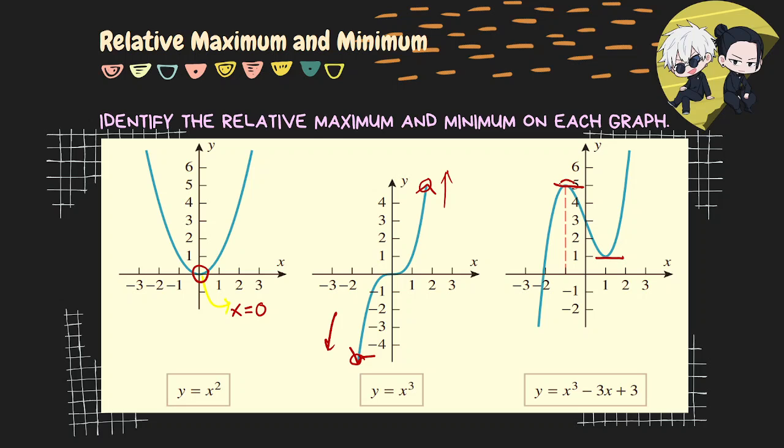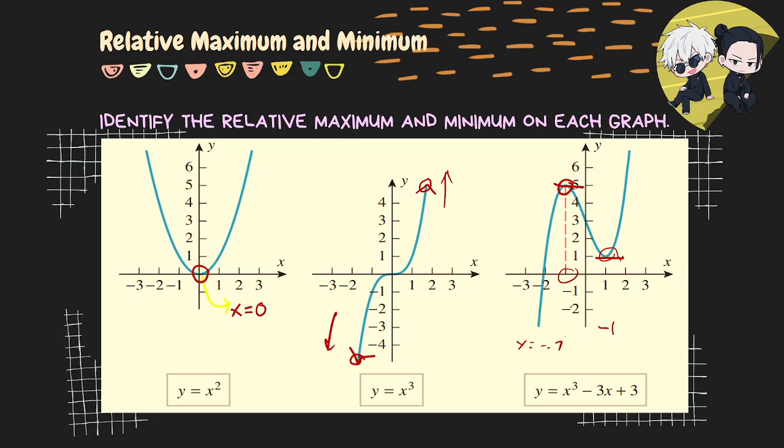At this point on the graph of x cubed, what do you think? It has a relative minimum and maximum at x equal to -1. Basically, at x equal to -1, it has a relative maximum.